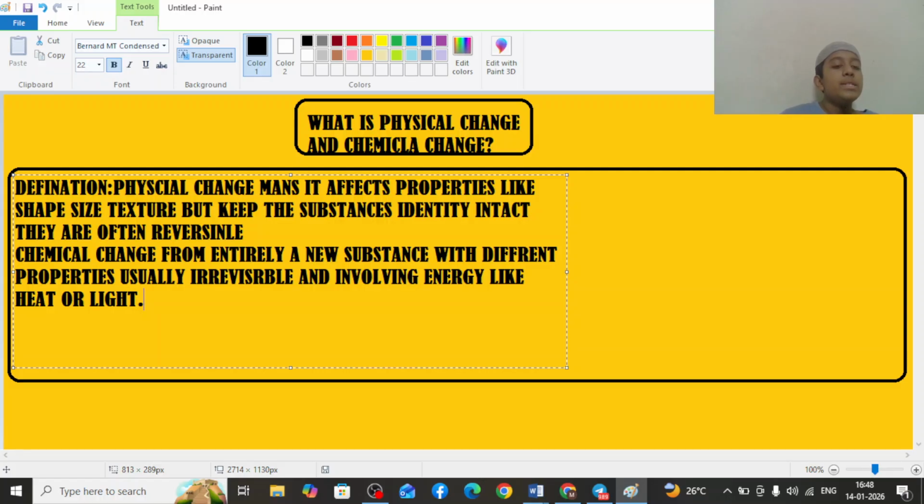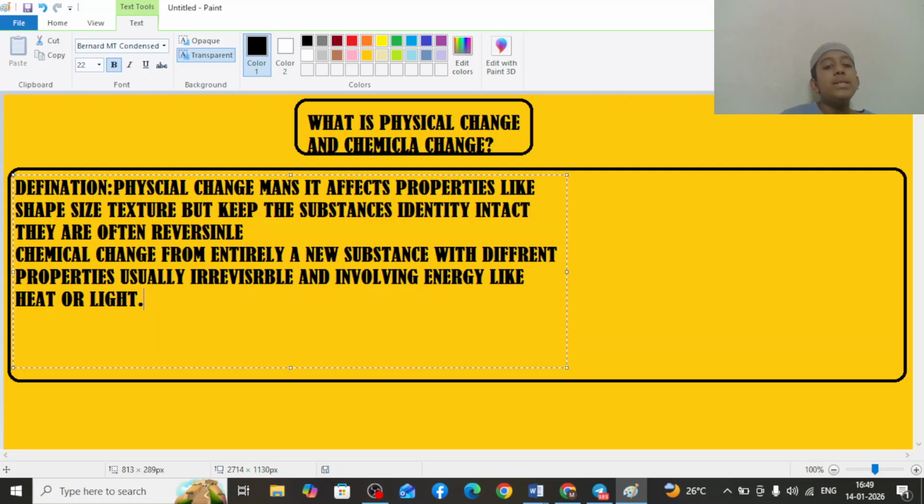Chemical change means when we put a chemical on something, like we have a plane, and when mercury is put on the plane body, you can see that the plane gets melted, and that's why airports don't allow mercury thermometers and mercury products. So that is a chemical change.